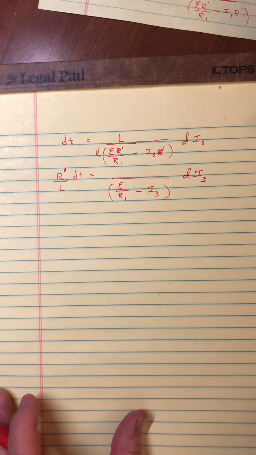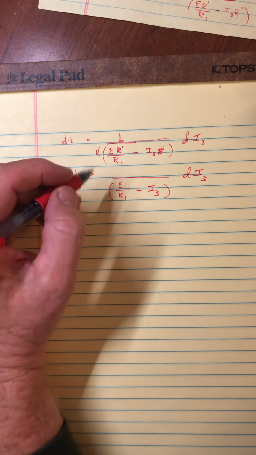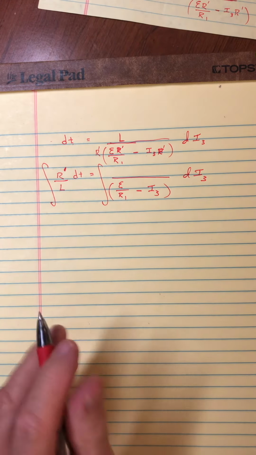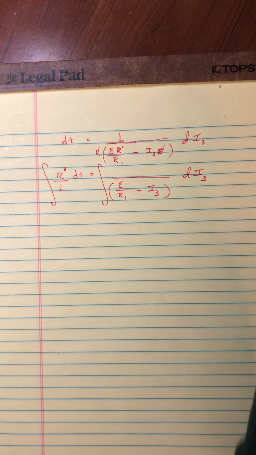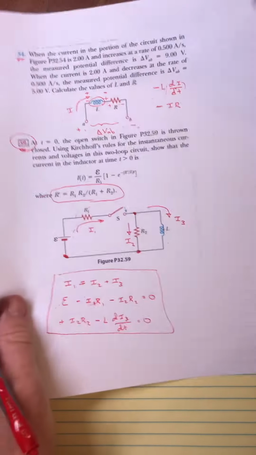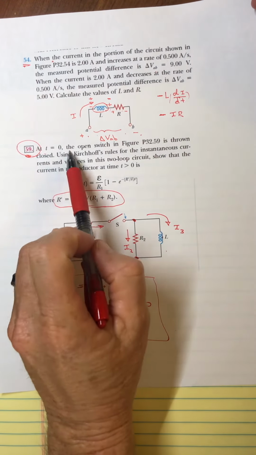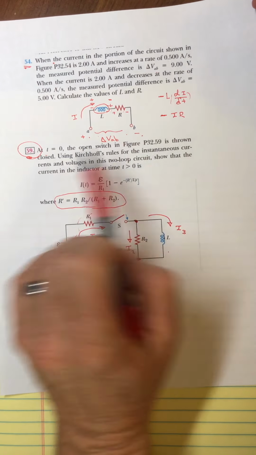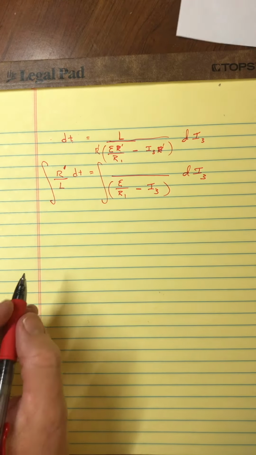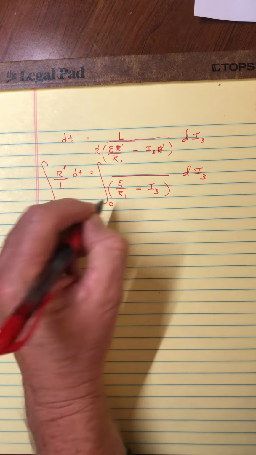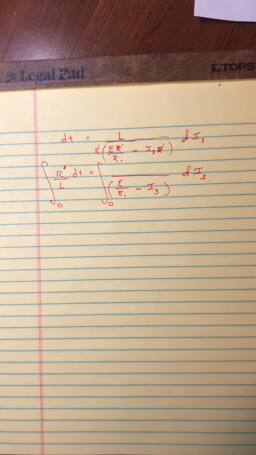All right, and so now solving the mathematics here and looking back at the original circuit. Let's see, did they close or open this? What did they do? They closed it. I believe at t equal to 0, the open switch is thrown closed. All right. So at 0 time, there would be 0 current in the inductor.